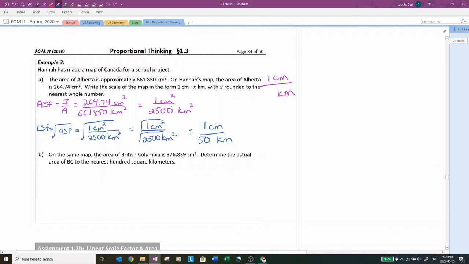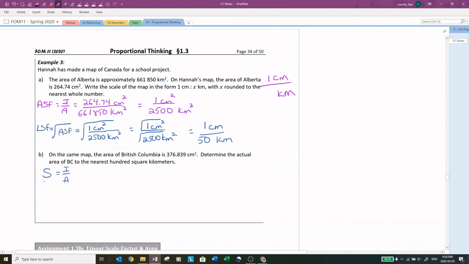Okay? Part B, on the same map, the area of BC is 376.839 centimeters squared. Determine the actual area of BC to the nearest 100 square kilometers. Okay, I'm going to write scale equals image over actual.